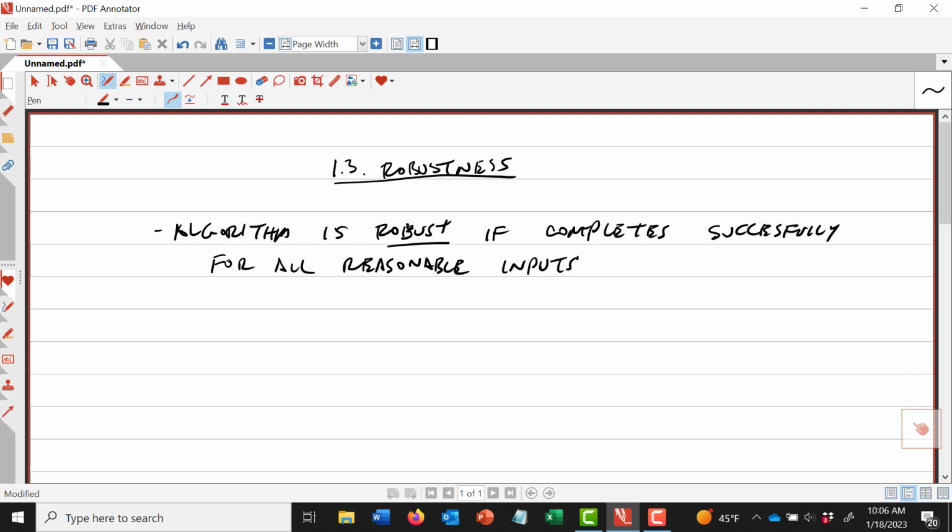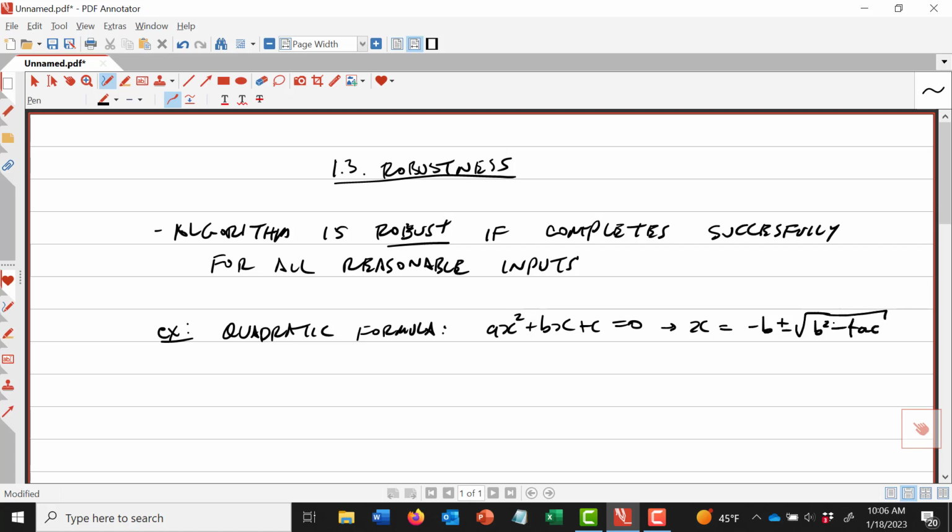The best way to talk about this is to show it in the context of an example. So let's talk about the quadratic formula. We all know that if you write out a quadratic equation, ax squared plus bx plus c equals 0, you can solve for the roots of x as minus b plus or minus the square root of b squared minus 4ac, all divided by 2a.